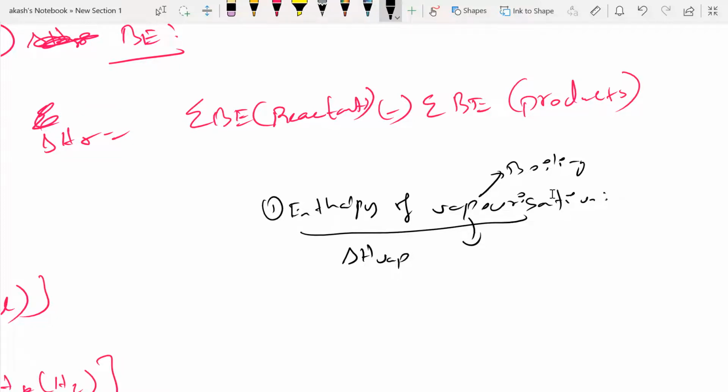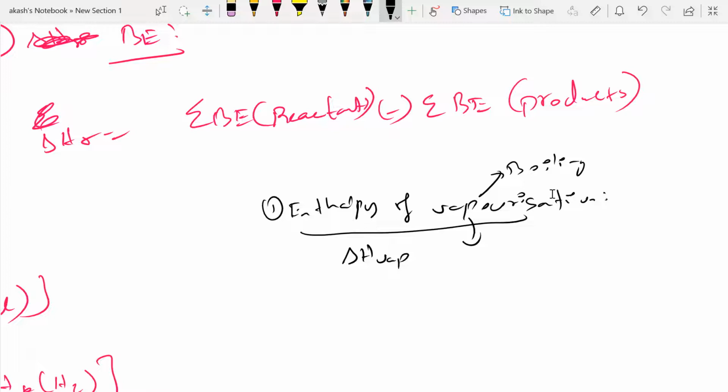It is the enthalpy change occurring when 1 mole of a chemical species in liquid state gets converted into its vapor state or gaseous state, however you want to call it.